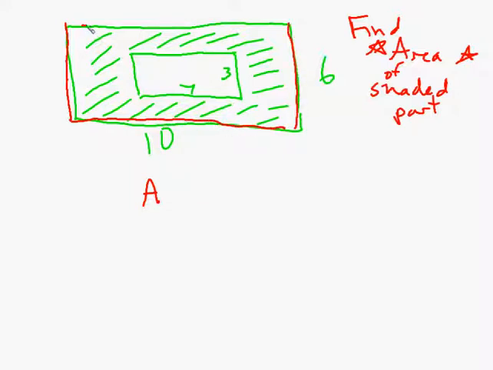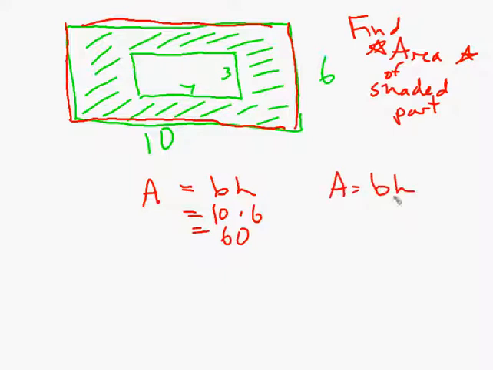That's the whole thing, including the middle. I need to take the middle out. So let's find the area of that. That's base times height, 7 times 3, which is 21. And then, any idea, what do I do? I subtract them, right? Because this is like a chunk is taken out. So I take it away, and I get 39 as the total area.